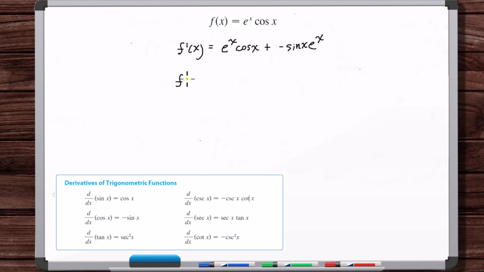Okay, so we can simplify this a little bit. That's the derivative, but let's clean this up. So we can factor out an e to the x, and we're left with cosine of x minus sine of x.